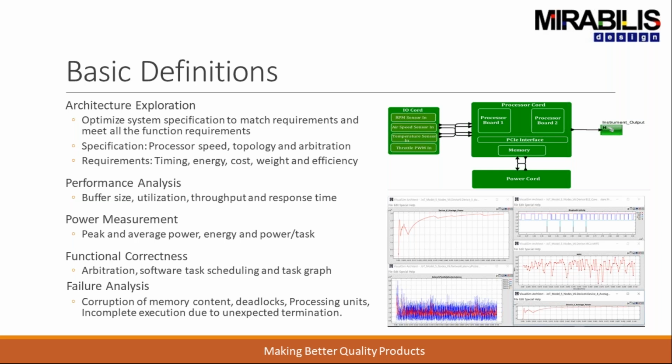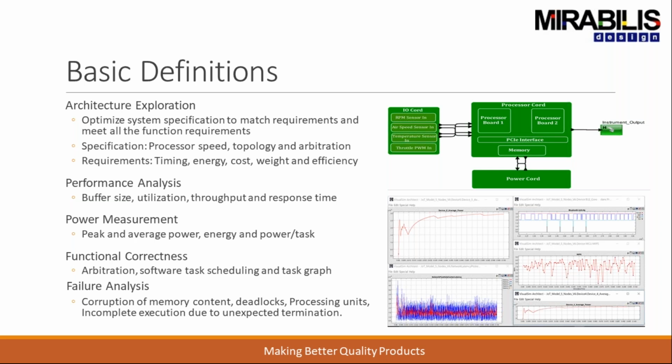Now this is done for the following purposes: performance analysis, power measurement, functional correctness, and failure analysis. Performance analysis is related to time, for example, end-to-end delay, throughput, response time.